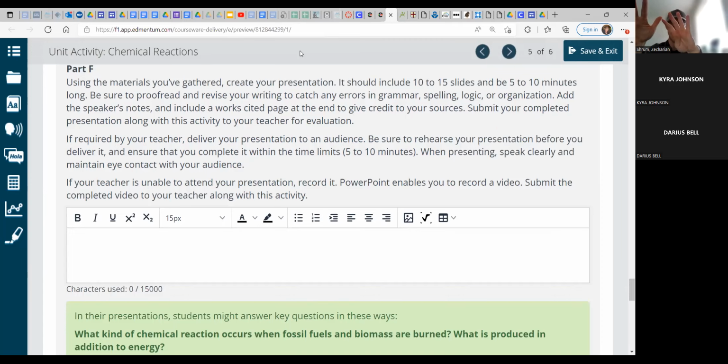And then 9, you're trying to recommend what Oklahoma should do. So talk a bit about which energy source is the best suited for Oklahoma and why. And then you have your summary. So that's about 10 slides that I would suggest.